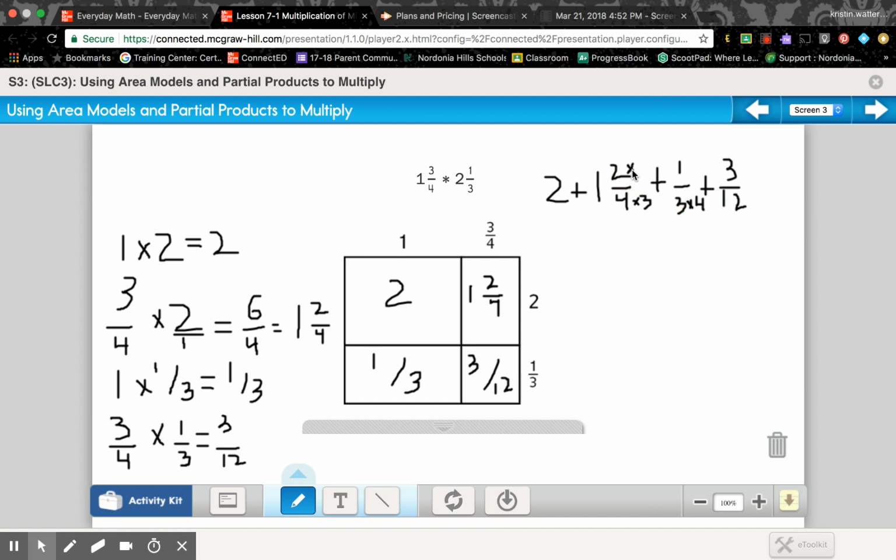So I have to do times 3 here, and times 4 here. So then I could rewrite it. I have 2 plus 1 and 6/12. Can't forget that whole number.